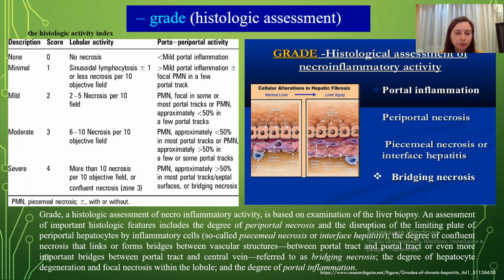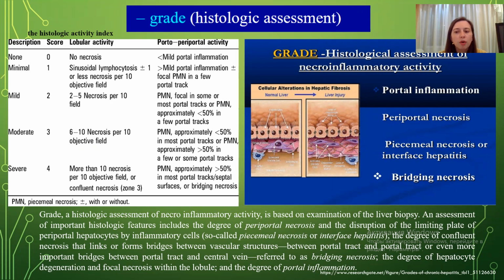Histological assessment. Grade, a histological assessment of necroinflammatory activity, is based on examination of the liver biopsy. An assessment of important histological features includes the degree of periportal necrosis and the disruption of the limiting plate of periportal hepatocytes by inflammatory cells.